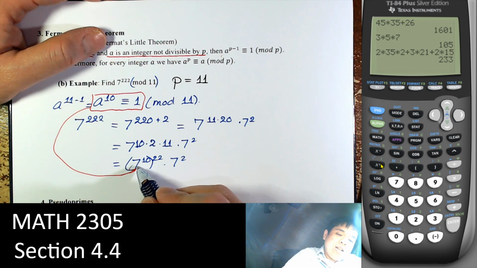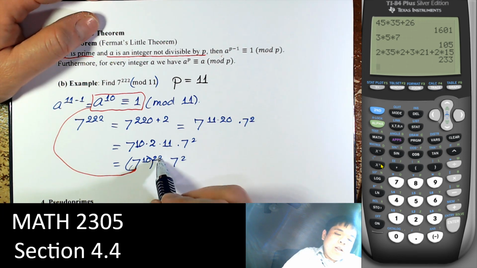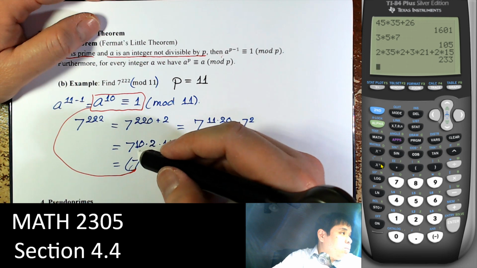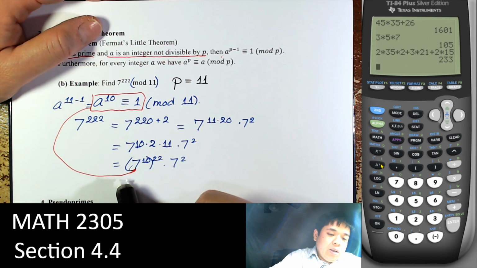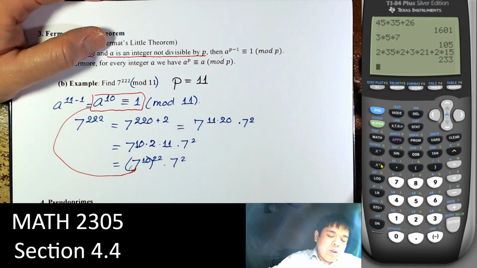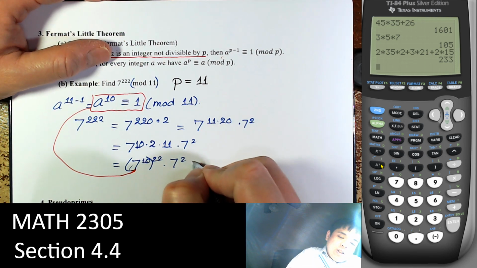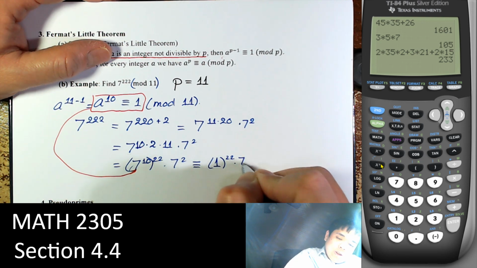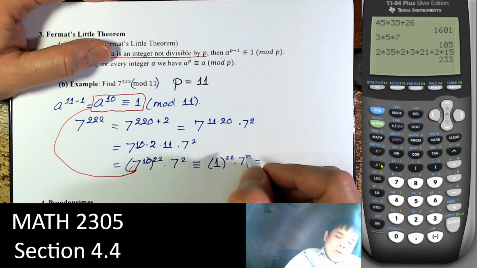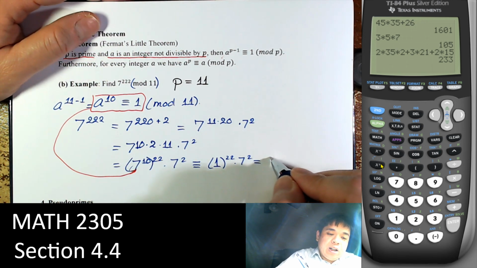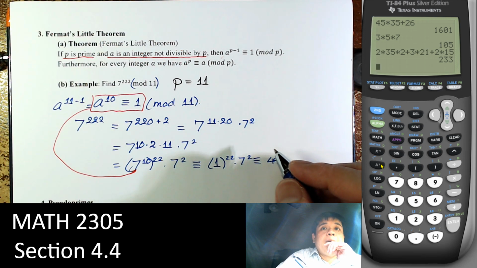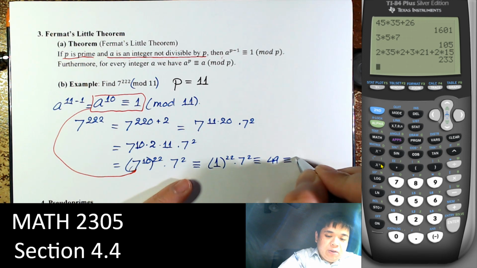So whatever this number is, we replace that with 1, and so that is 49. And 49 divided by 11 is congruent to 5.